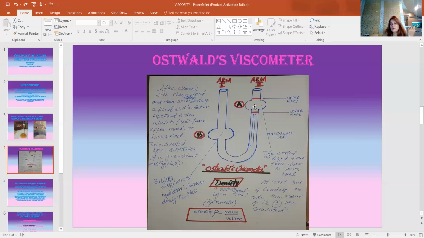Here you calculate the flow time from the upper mark to the lower mark for whatever solvent you are analyzing, whereas bulb B regulates the hydrostatic pressure during the flow.